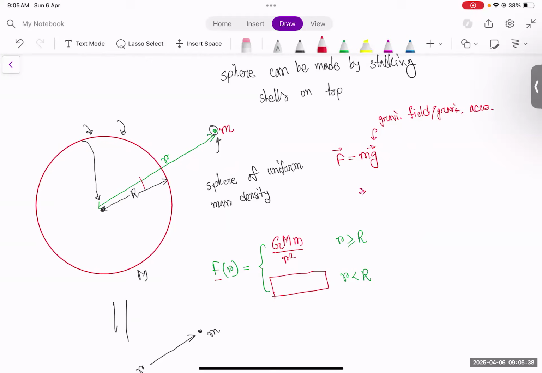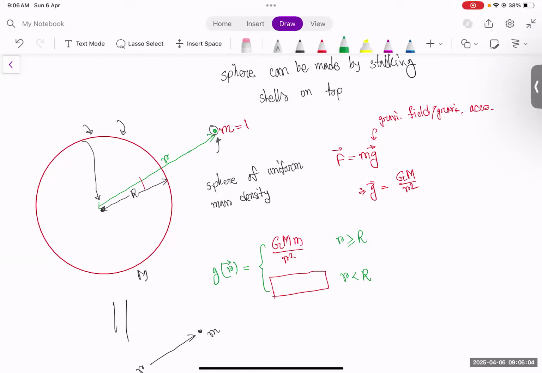And if you solve for it, your g just becomes GM divided by r squared. So you basically assume that this m is equal to 1. Then the force will basically be the gravitational field. Since we have introduced gravitational field, I will turn this into a gravitational field problem instead of a force problem.